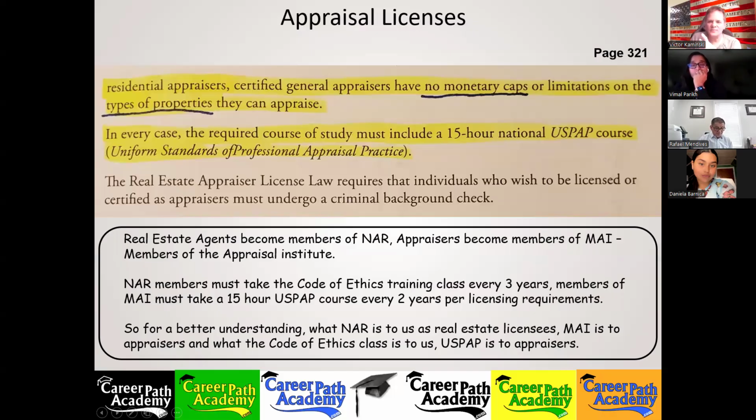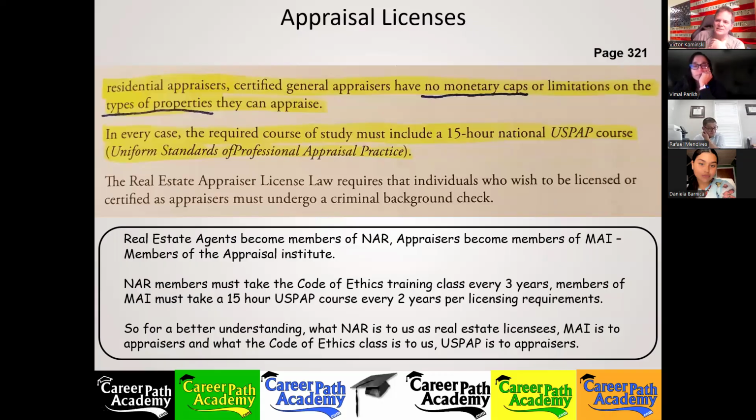So I'm kind of obfuscating that a little bit, but I'm trying to show you that appraisers need to take a class, and I want to show you what it's similar to. Because USPAP is their Uniform Standards of Professional Appraisal Practice. It is similar to the Code of Ethics training that we need to take, right? But that's a requirement of their licensing.